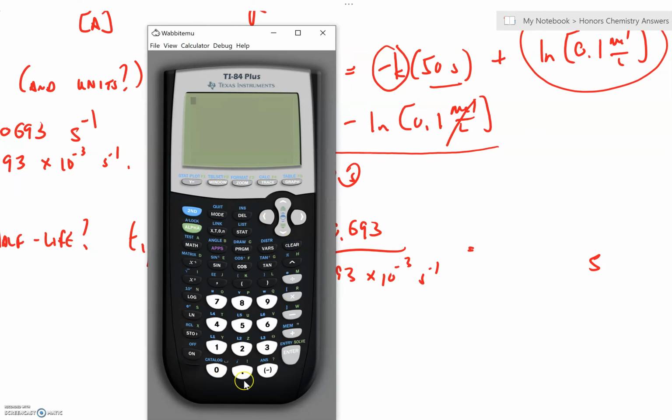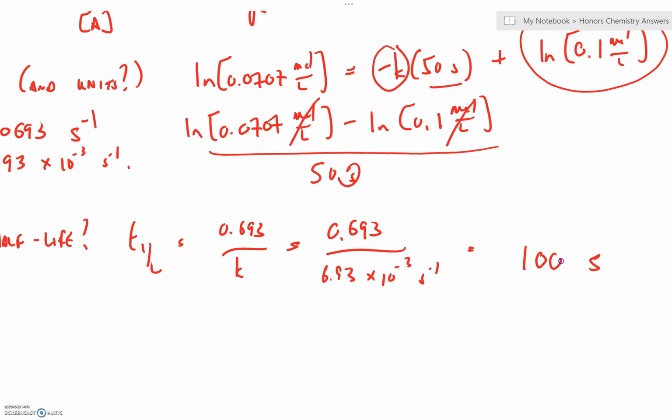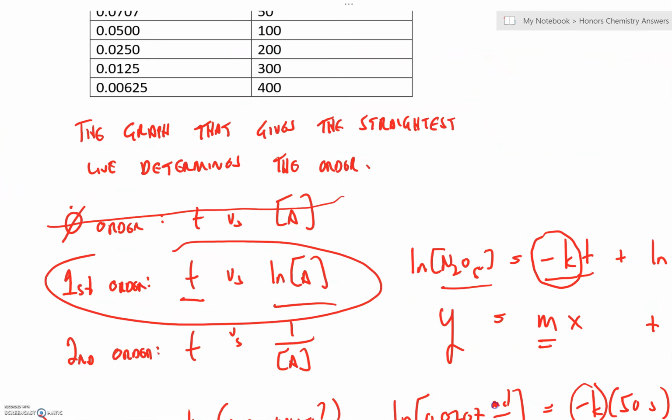So we'll take 0.693 divided by our value for K, which we already got, 6.93 times 10 to the negative third, and we get 100, which is exactly what we expected based on this data.